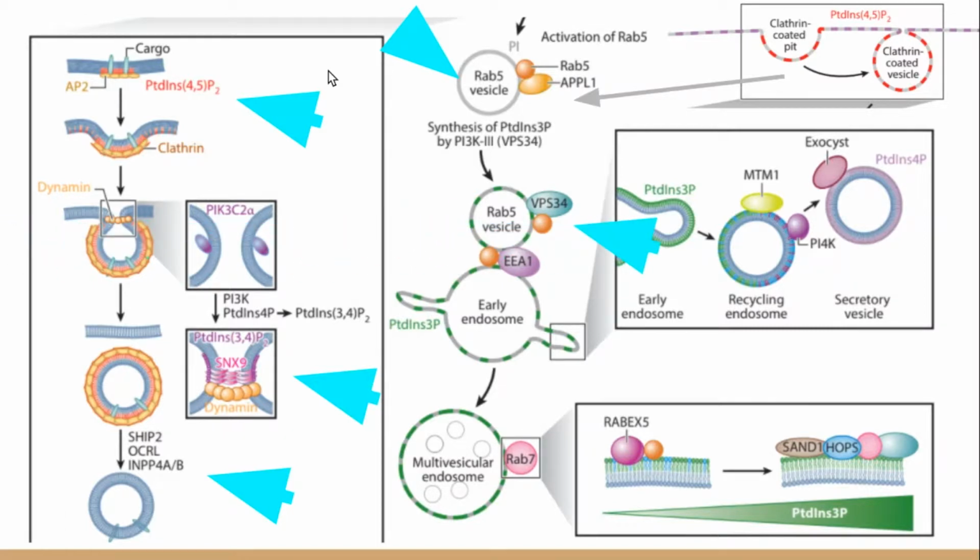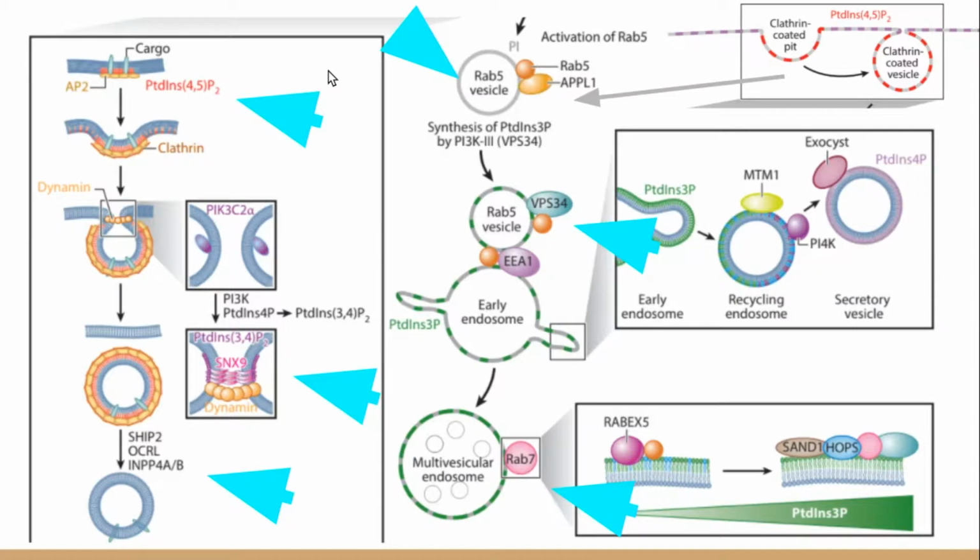VPS34 begins phosphorylating phosphatidylinositols at the 3' position, and these PI3Ps then recruit another Rab protein called Rab7. And Rab7's effectors are distinctly different from Rab5 effectors. In fact, this process of turning Rab5 into Rab7 is very important, and it's called Rab conversion.